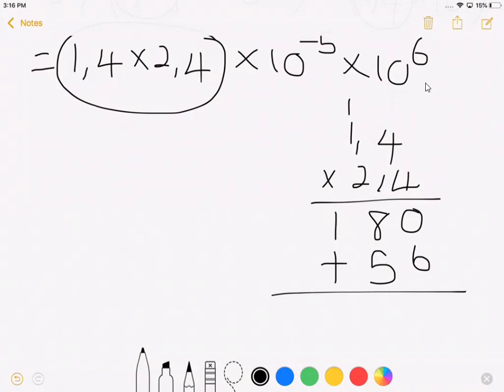To add those two numbers, what are you going to get? 0 plus 6, it's 6. 5 plus 8 is what? Is 13. 3 carry 1, and 1 plus 1 is what? Is 2. And you need to know where to put your comma. Did I do it right?